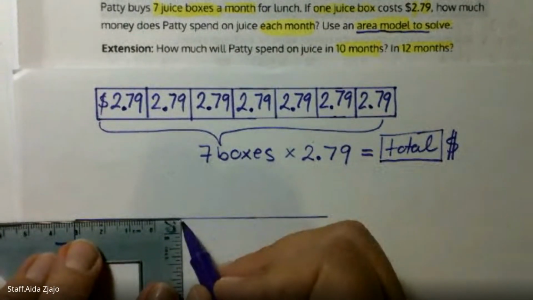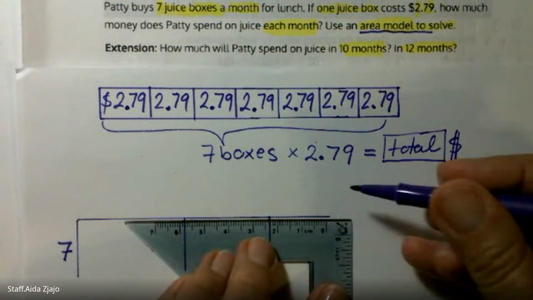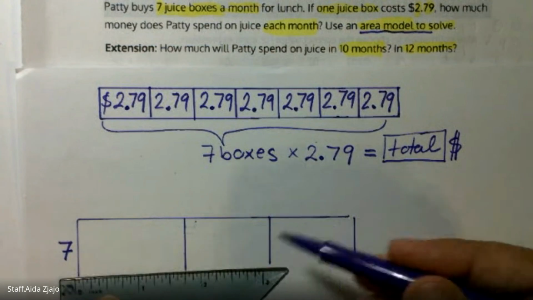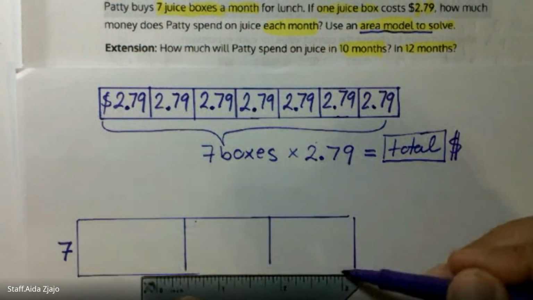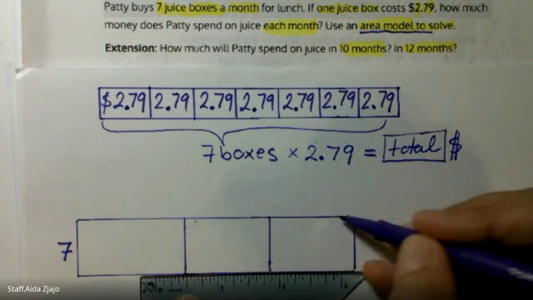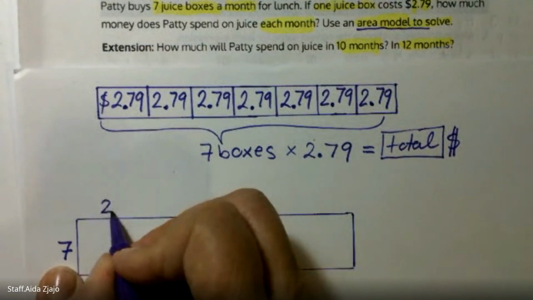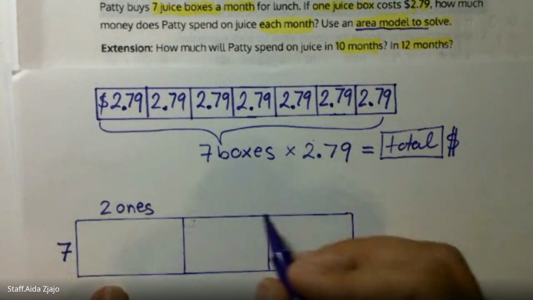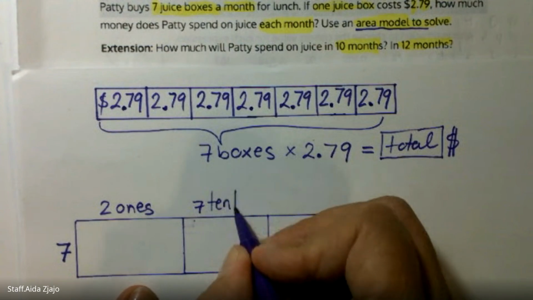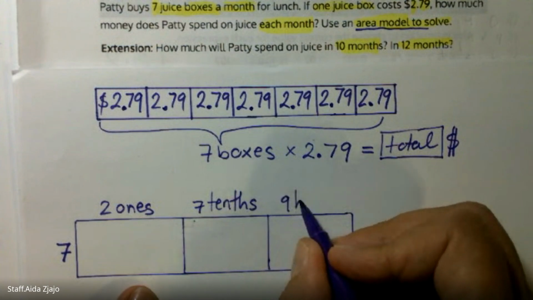So I'm going to make ones and tenths and then hundredths. Okay, and then I'm going to close the area. I'm going to use language. So this is 2 ones. This line is going to be 7 tenths. And this line is going to be 9 hundredths.